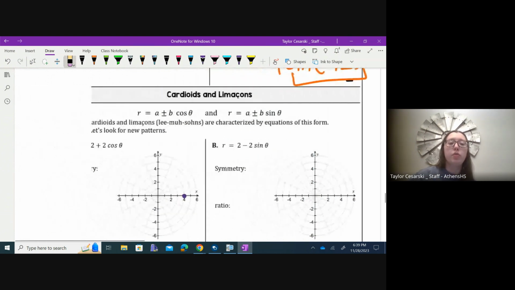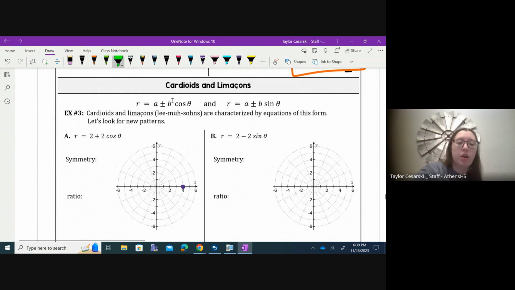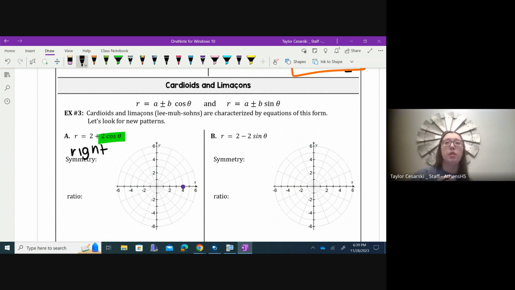For example, if it is a positive cosine, like this one, that's going to fall on the right, just like when we did 4 cosine theta. Negative sine will fall down on the y-axis. The maximum distance is always going to be that 2 plus 2. And if it's negative, you still just take the absolute value. So it's going to go out to 4, and it's going to look something like this.